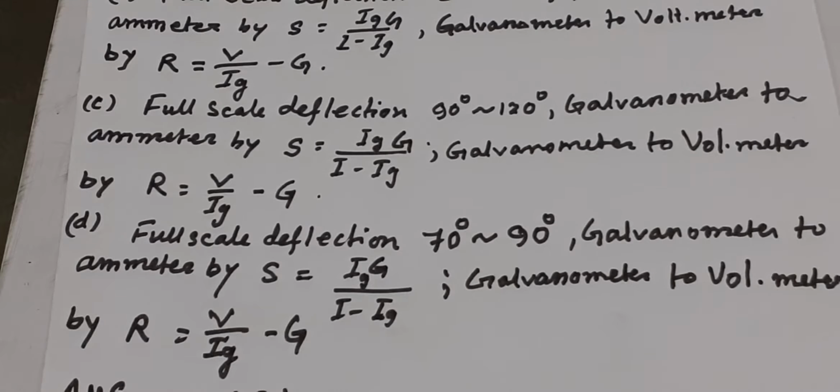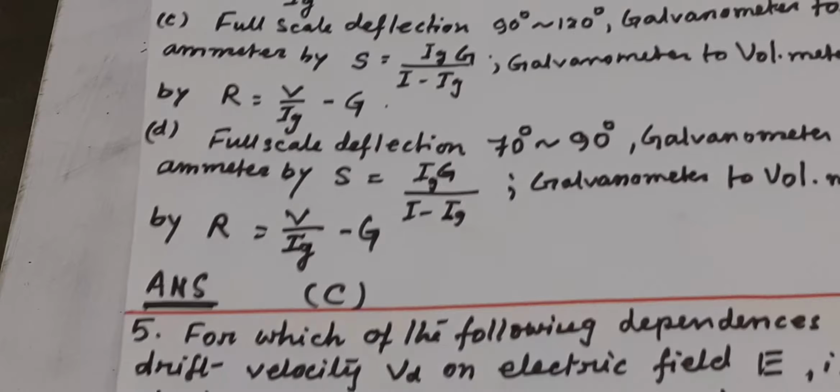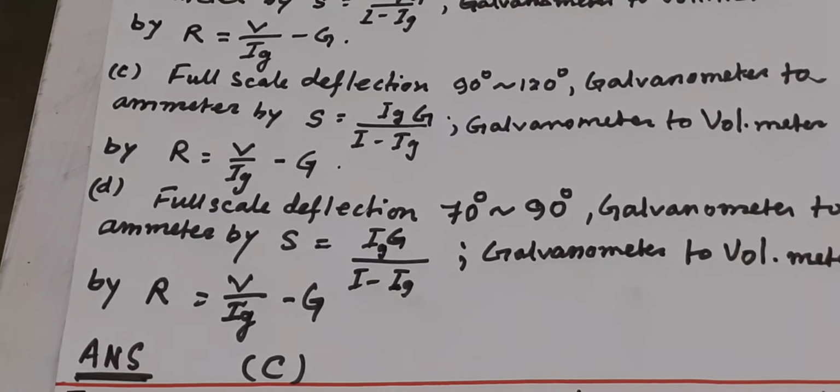Now here the main point is the full scale deflection. What should be the range? The correct range is 90 degree to 120 degree. So C will be the answer here. When the range is taken at some other angle, then the error will be more.